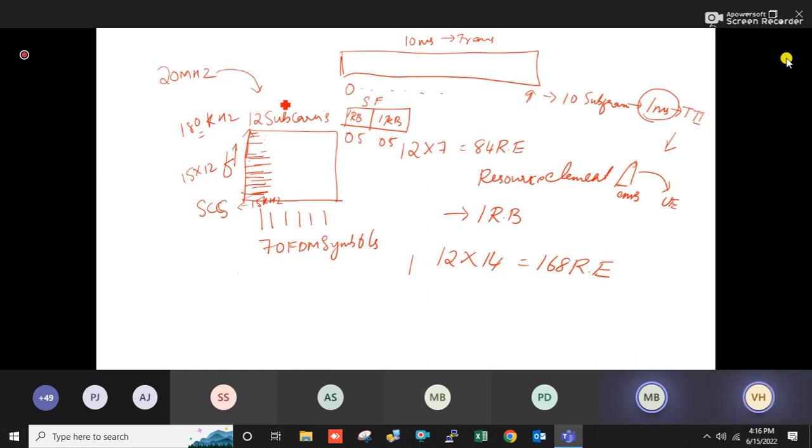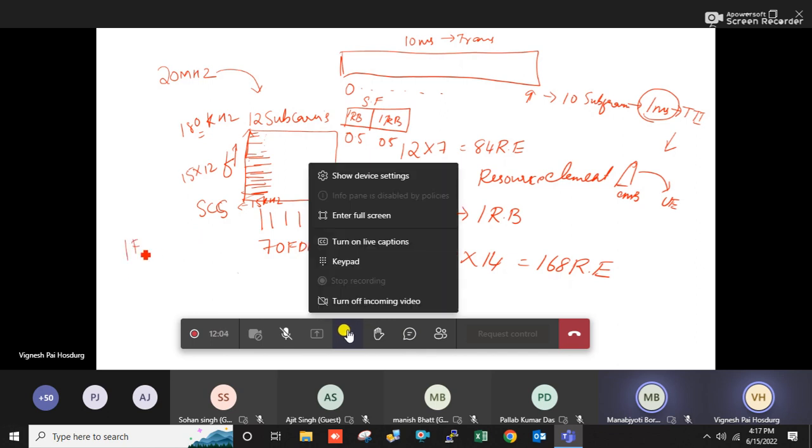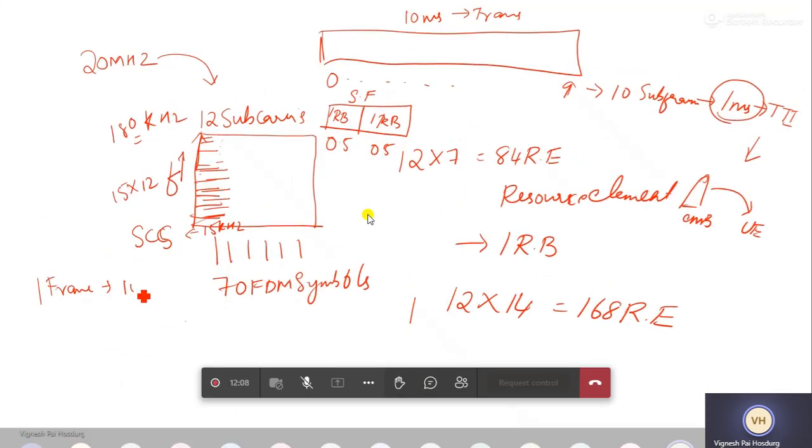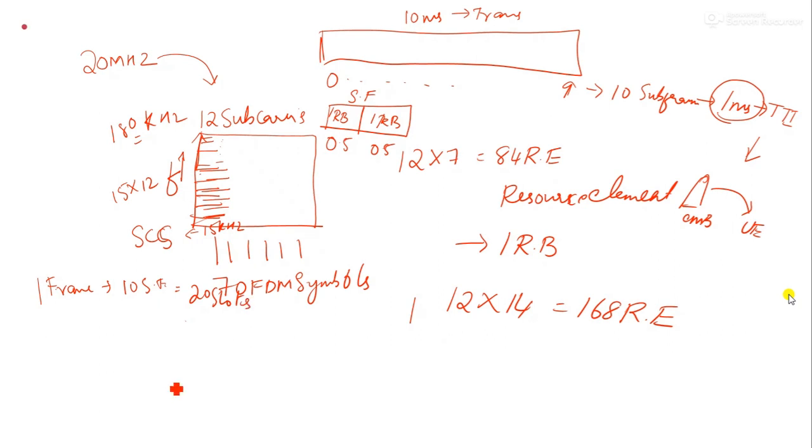So now you can see we discussed this resource block, how many REs there are, and the frame duration. Basically one frame consists of 10 subframes, or we have 20 slots.